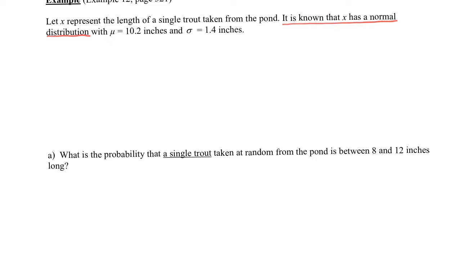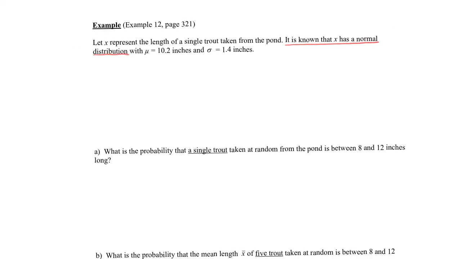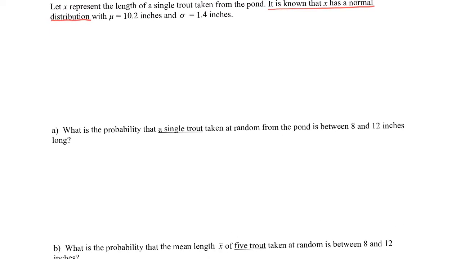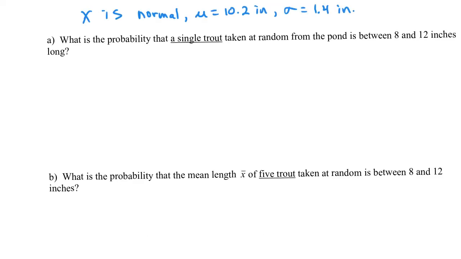And then part A, so we've got kind of a big gap here. Part A says, what is the probability that a single trout taken at random from the pond is between 8 and 12 inches long? I just moved this down a little bit and rewrote this so we had this information up here.